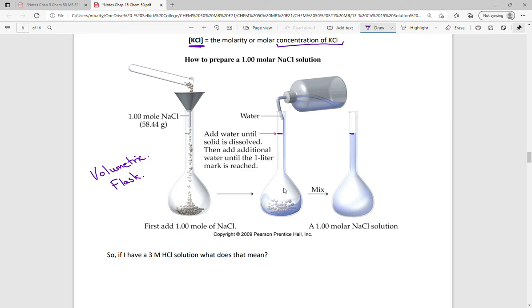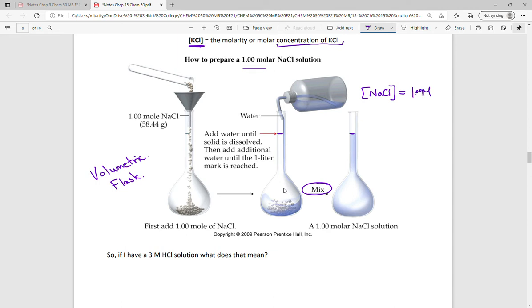And it's a really accurate way to measure the solvent or the solution, and also mix the solution up. And so in this, if you have a 1 molar sodium chloride solution, I could say that the concentration of sodium chloride is 1 molar, or 1 mole per liter.